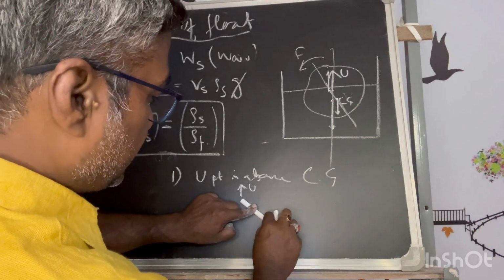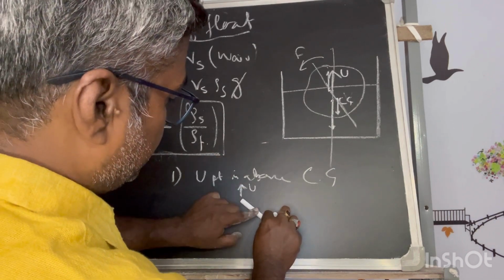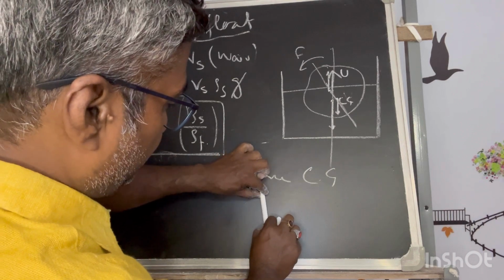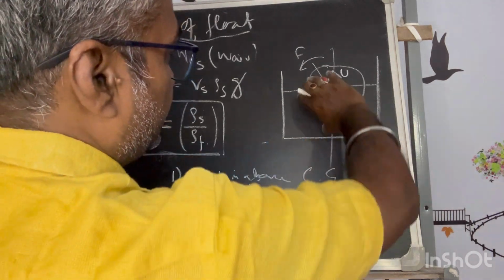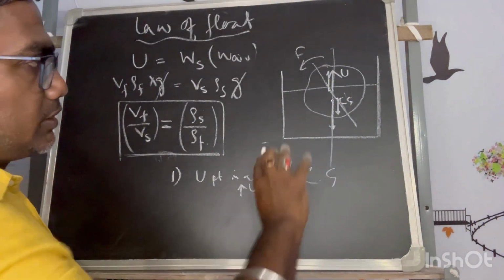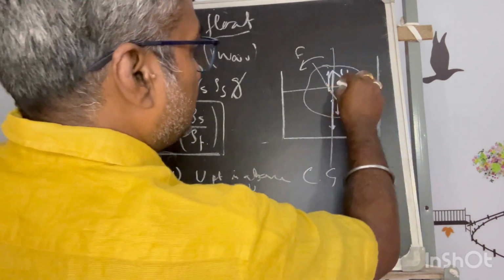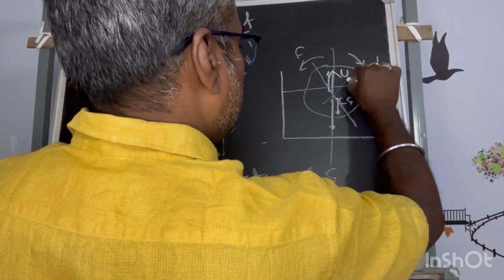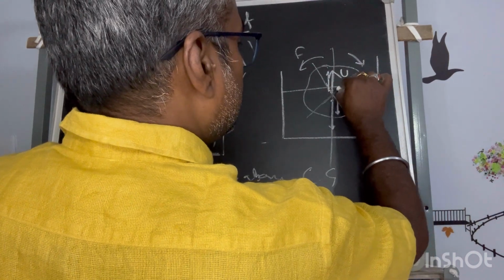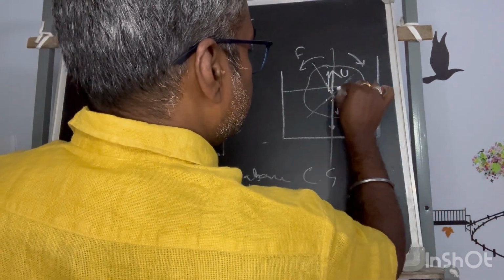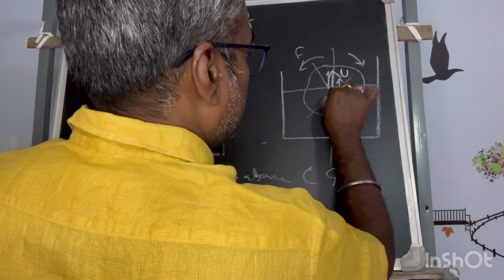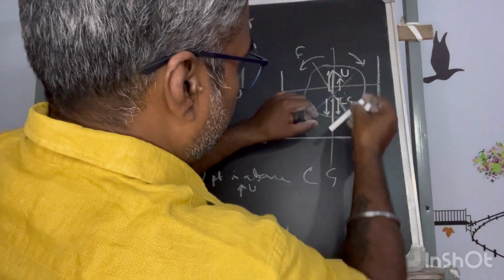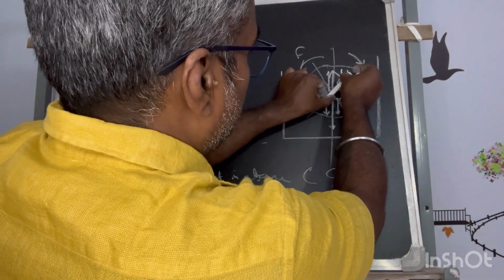So these forces are acting, and they will give a torsional, rotational force, and it will try to bring the body back to the same position as it was. And if I want to disturb it with a force on this side, the same thing will happen. The point will shift here, this point will shift here, but the buoyancy will act here, and the weight will act downward, and these forces together will try to move it.